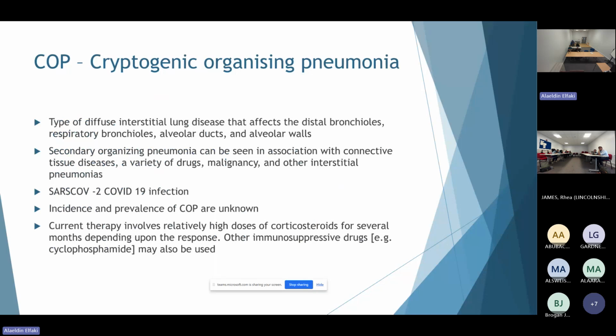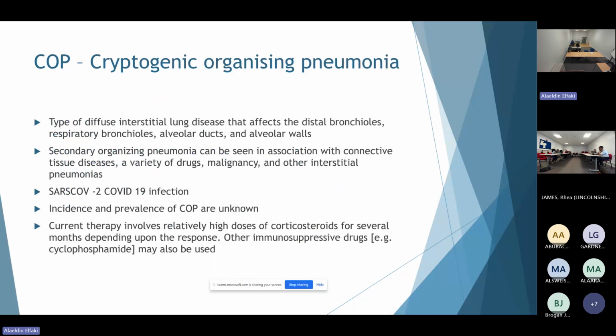Cryptogenic organizing pneumonia is another form of idiopathic interstitial pneumonia. It might be idiopathic, but sometimes might be related to other causes like infection. You need to suspect organizing pneumonia in people, for example, with persistent consolidation following pneumonia.